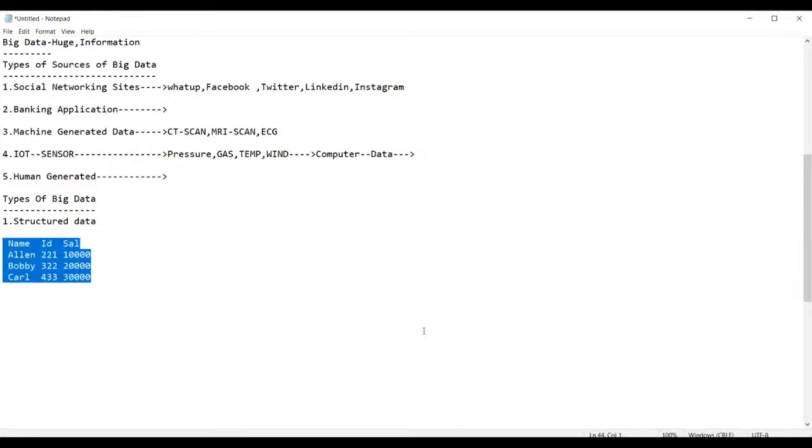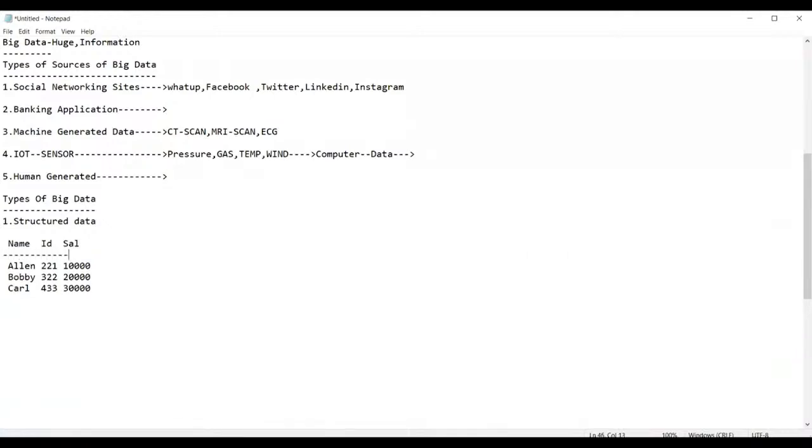Can you see here, guys? This is the data. In which format is this data? It is in the proper format of rows and columns or not? These are the rows and these are the columns. Am I right, guys? Everyone? Yeah. These are the rows and these are the columns.